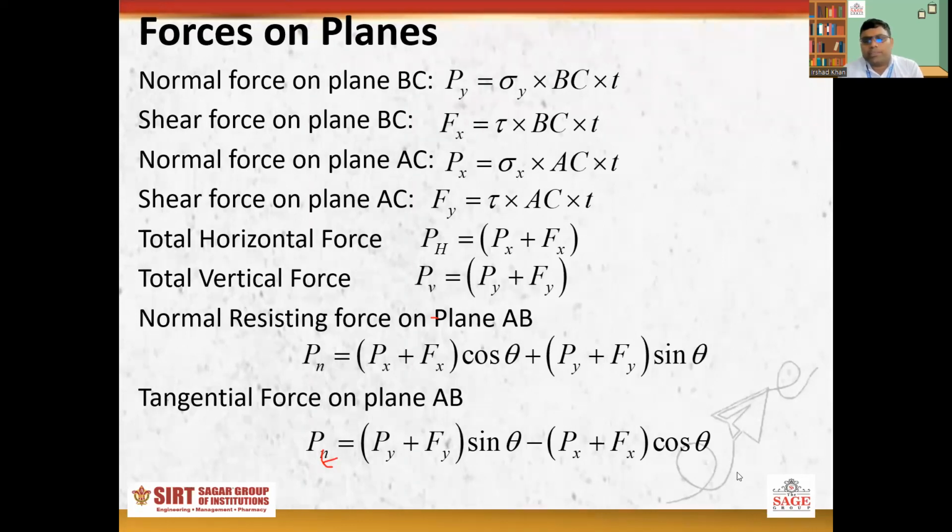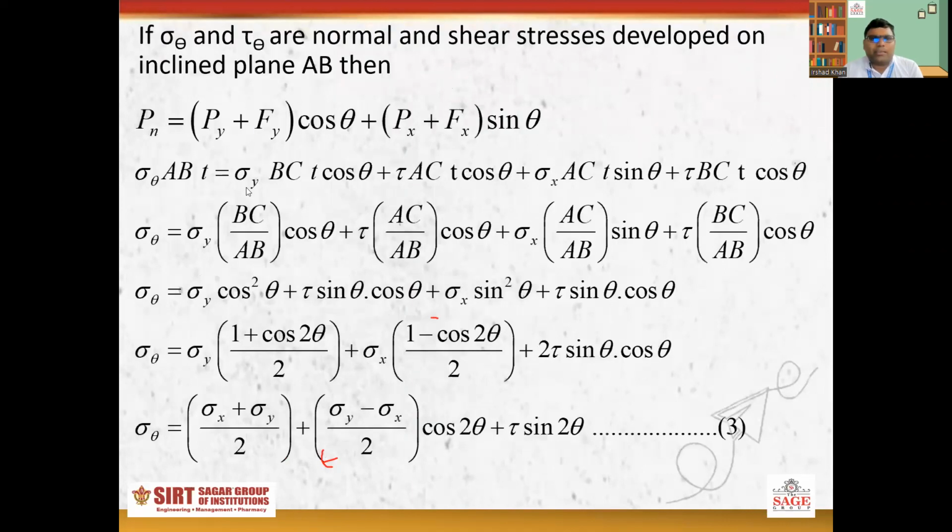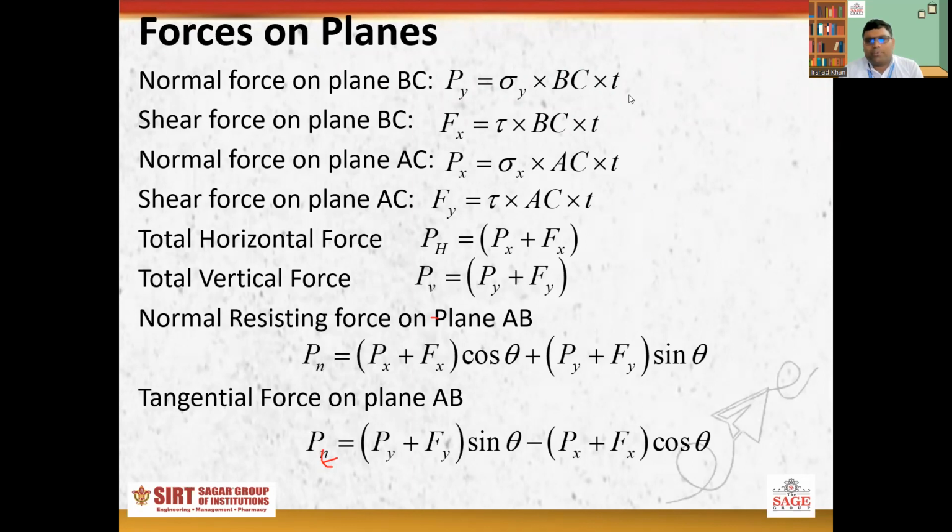Okay, so this should be Pt, and so it can be written like this. And similarly, just put the values of Py, Fy, Px and Fx in the equation. For your convenience, you can name these equations 1 and 2.